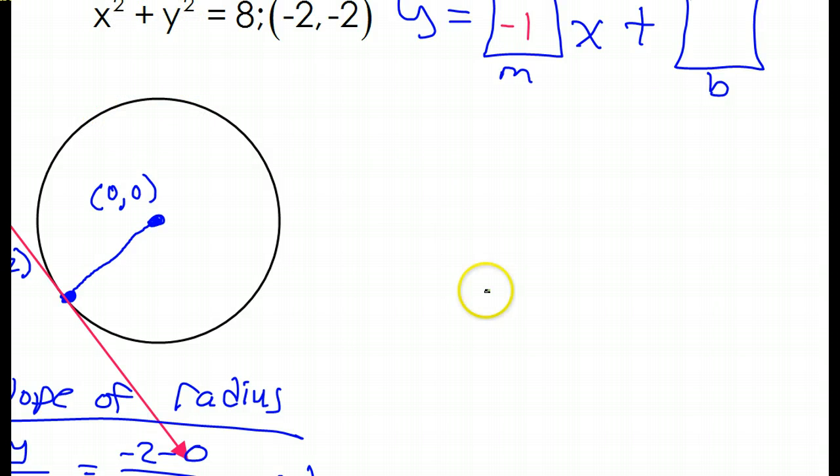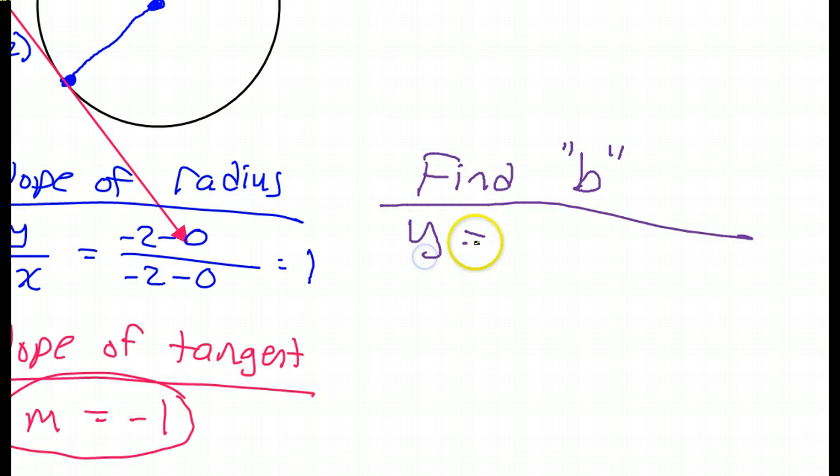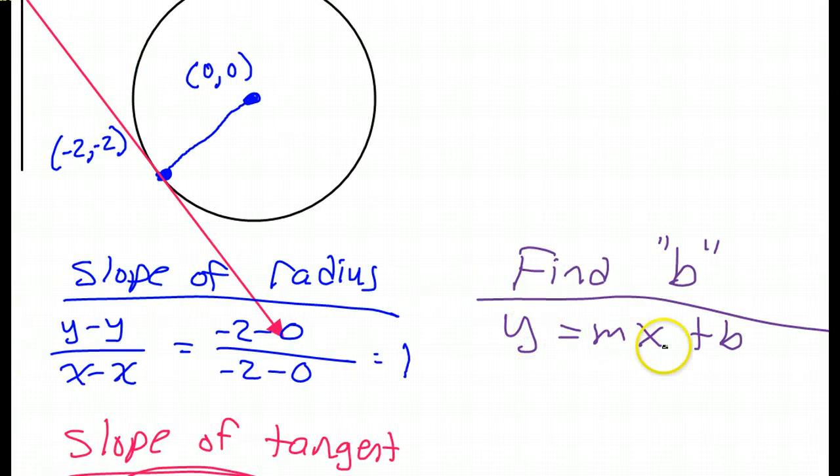Okay, so we will find that by doing... we're going to now find b. And we're going to do that by using the model y equals mx plus b. We will substitute y, m, and x.